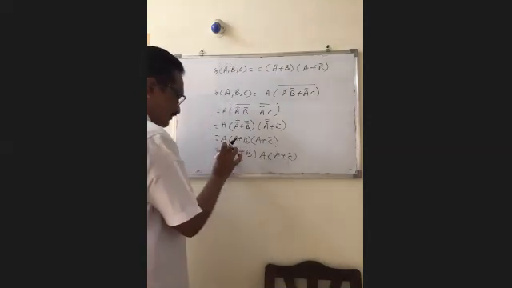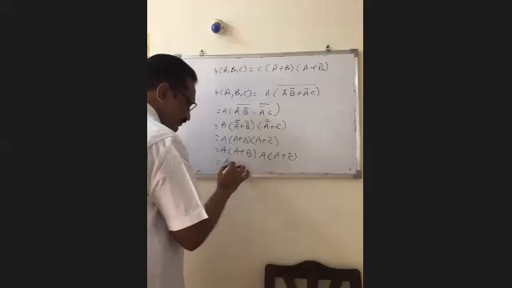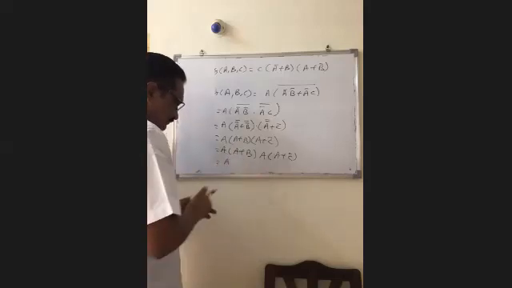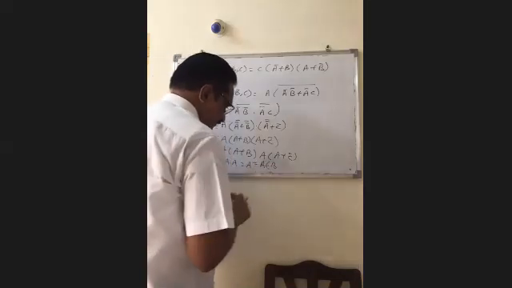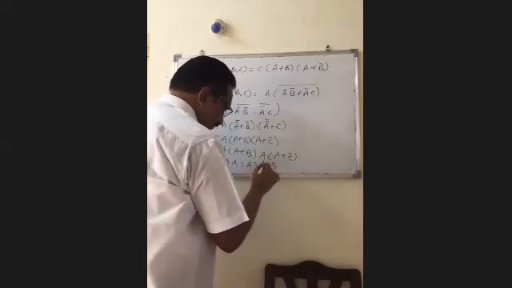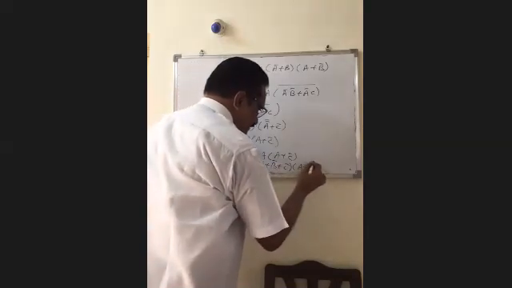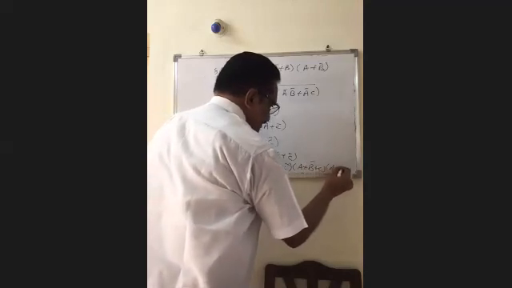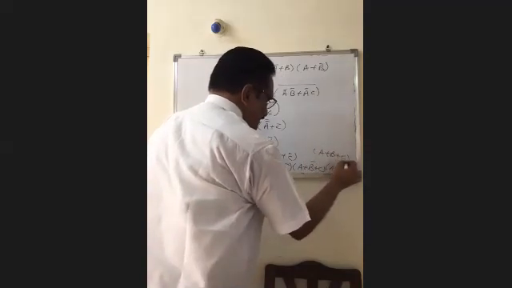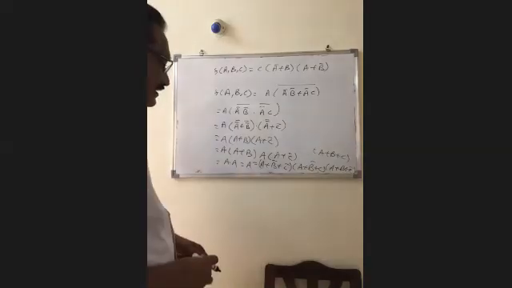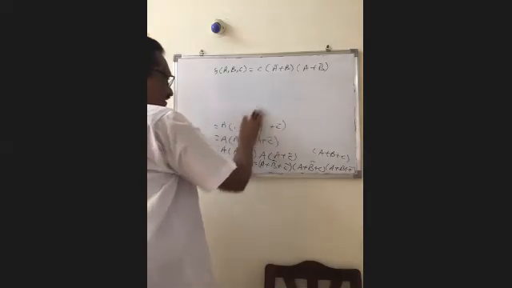And right here, A is equal to A into A. A into A plus B is equal to A. A into A plus C bar equal to A. So that is equal to A. So for this one, write A plus B bar plus C bar into A plus B bar plus C into A plus B plus C bar and into A plus B plus C. There are four terms. What are those four max terms?